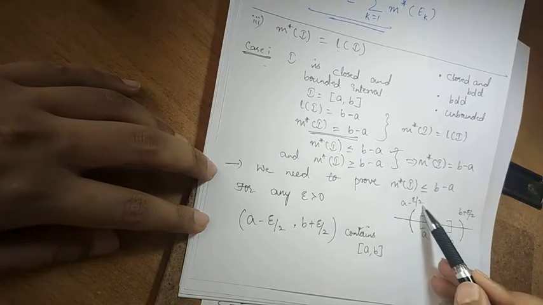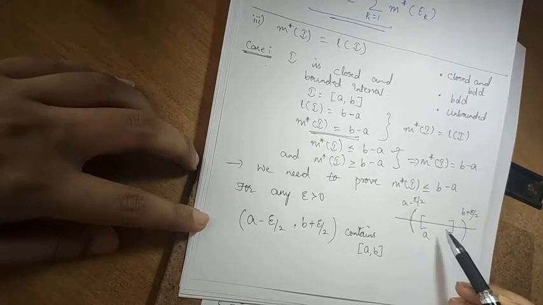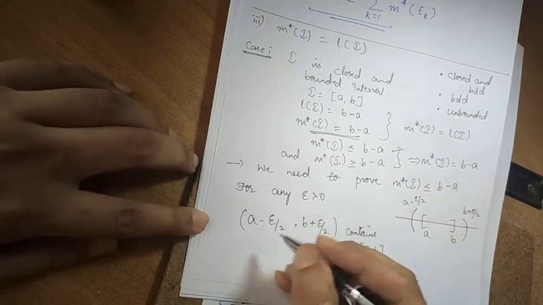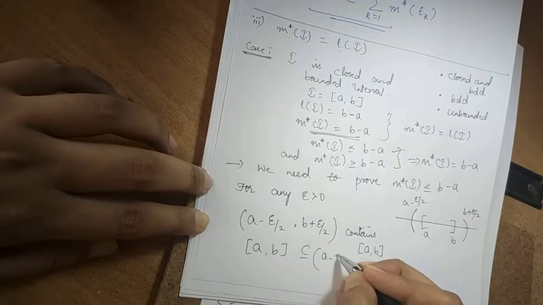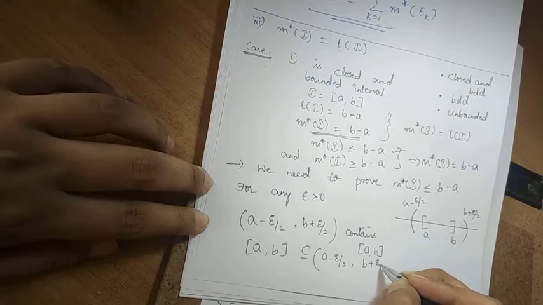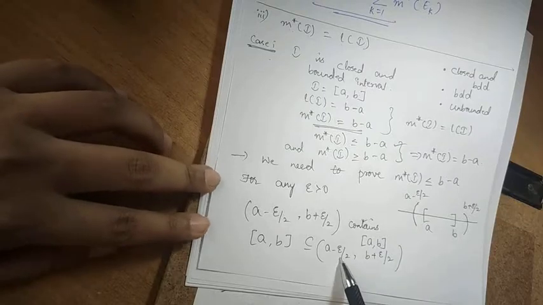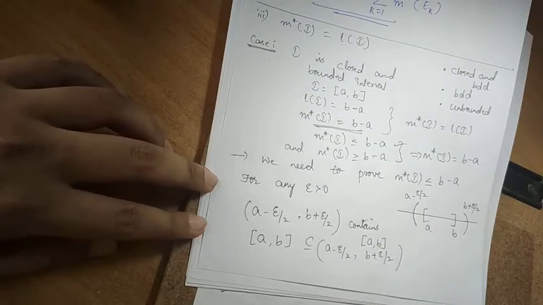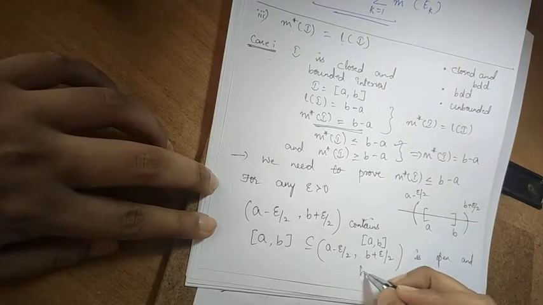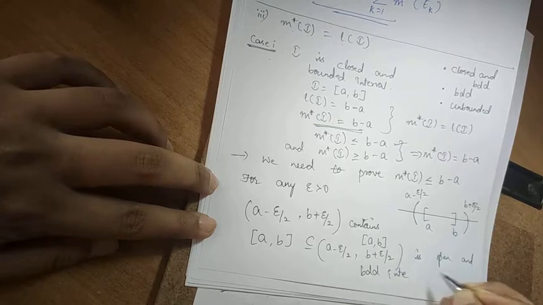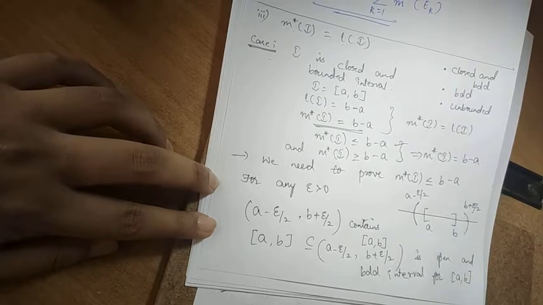So a comma b is a subset of a minus epsilon by 2 comma b plus epsilon by 2. Correct? This is an open and bounded interval cover for the closed interval a comma b.